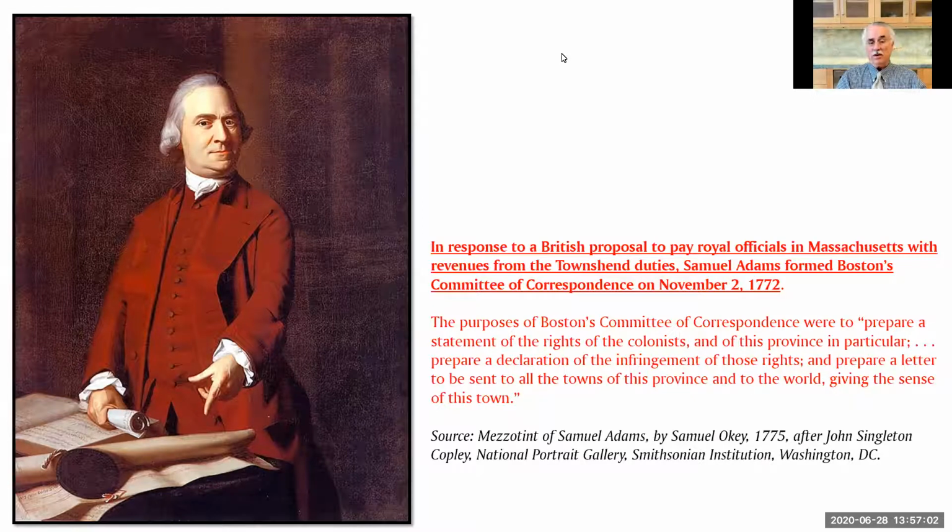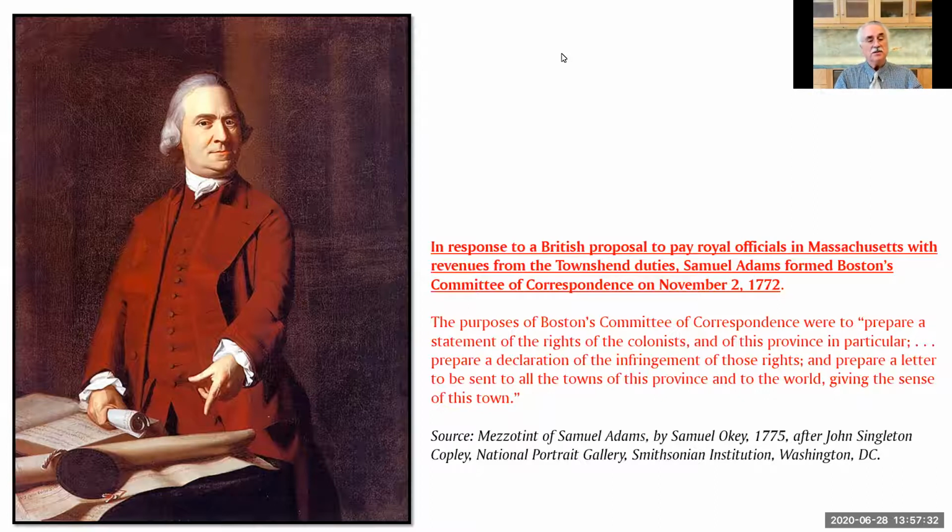They did not want to use taxes that they disagreed with to pay government officials. So in response to the British proposal to use Townshend duty revenues to pay these royal officials, Samuel Adams, who is pictured here, formed Boston's Committee of Correspondence on November the 2nd, 1772.